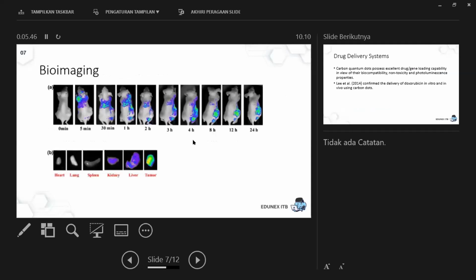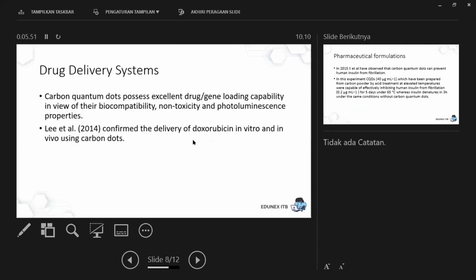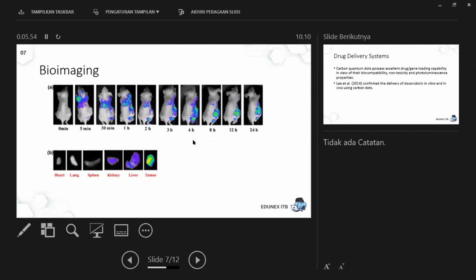So carbon dots are promising candidates. The first one is bioimaging. Carbon dots are promising candidates for bioimaging purposes because of their low side effect and toxicity, excellent water solubility, and visible to NIR emission properties. In these two figures, the optical image of the carbon quantum dots has been evaluated by intravenous injection into the mouse through the tail vein.